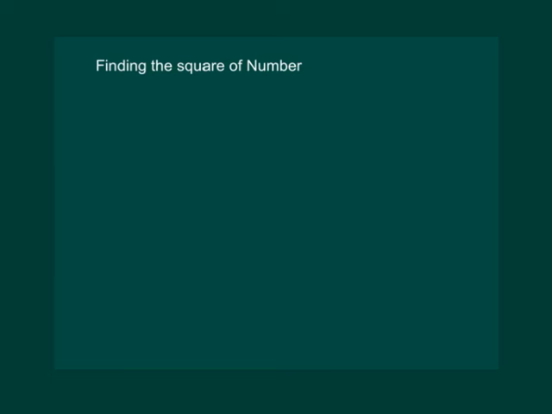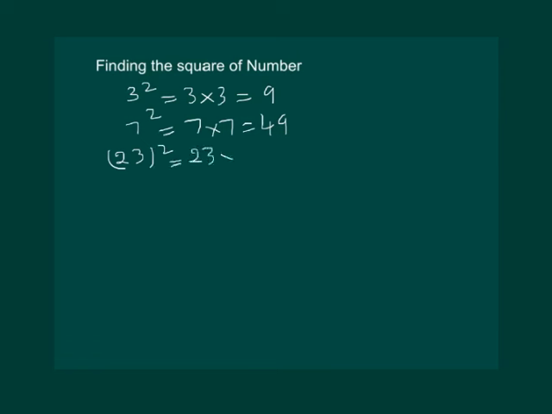We know that square of a small number is easy to find. If we have to find 3 square, it would be 3 into 3, that is 9. 7 square would be 7 into 7, that is 49. But if we have to find 23 square, it would be 23 into 23. So instead of multiplying and finding, we can rewrite it as 20 plus 3 whole square, which is equal to 20 plus 3 into 20 plus 3.